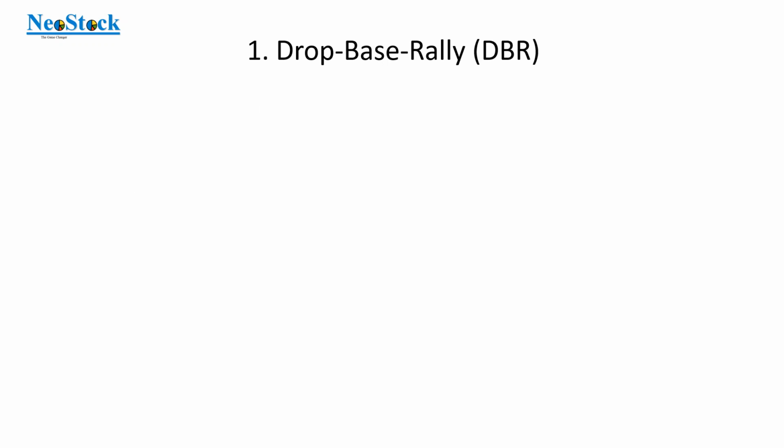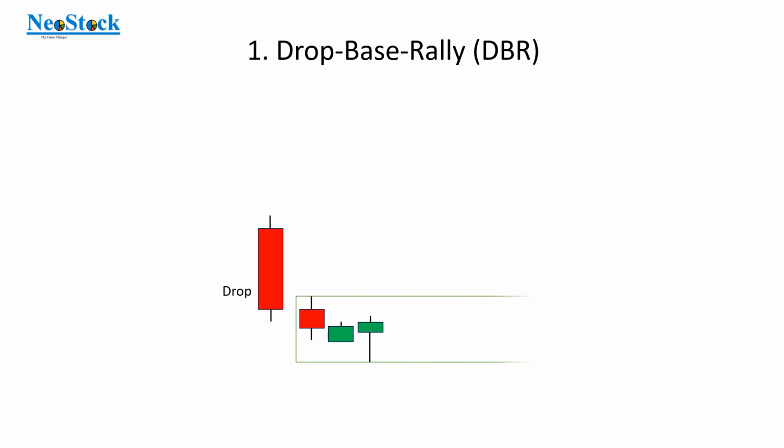The first one is drop base rally. Please look into this diagram. We have a leg-in candle, which is a drop, and then we have base candles, and then we have a leg-out candle, which is a rally candle.